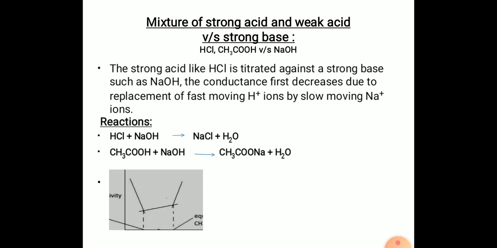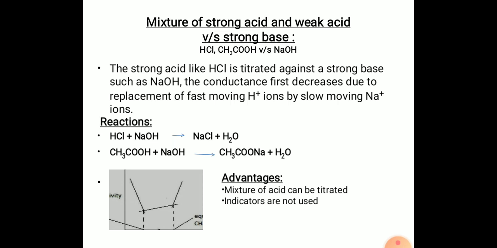So let us study the advantages of this particular method. First, a mixture of acids can be titrated. As we have taken, one is strong and one is weak, so it can be titrated by this conductometry method. Second, indicators are not used.